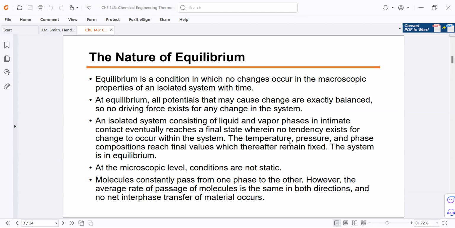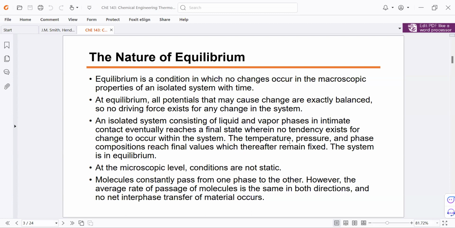If we have two phases, liquid and vapor, the molecules in the liquid are not necessarily the same molecules as a few seconds ago. They interchange, but the average rate of passage of the molecules is the same in both directions.